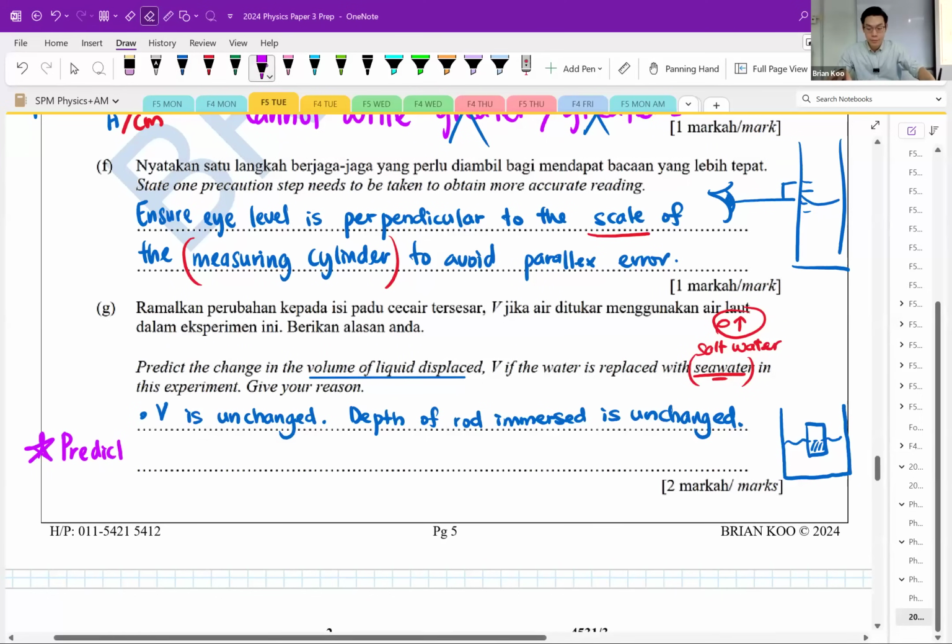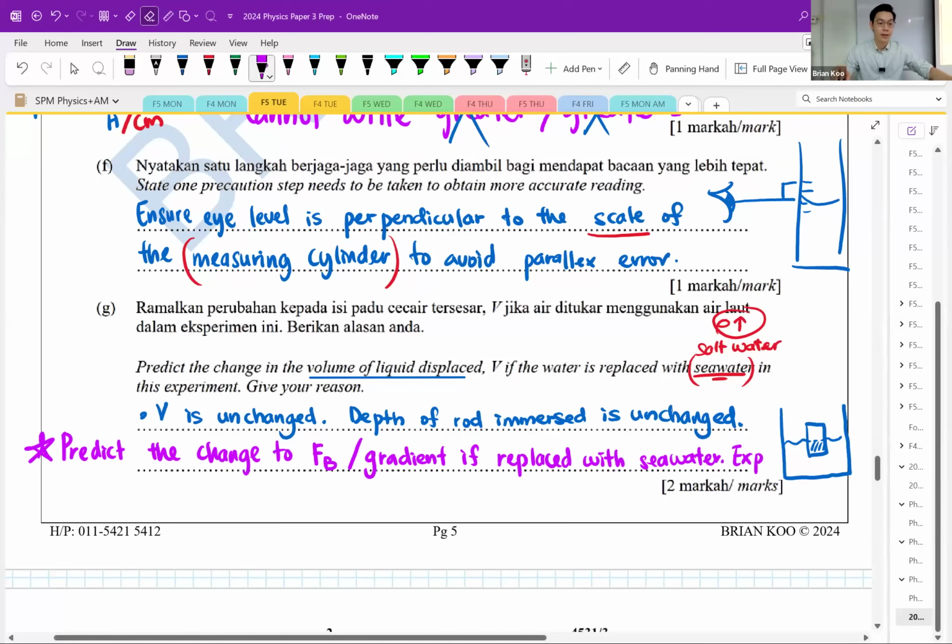Predict the change to buoyant force or gradient. Gradient also can. If replaced with seawater? Explain. Okay, I feel this is the more probable question. Then you write, what will happen?